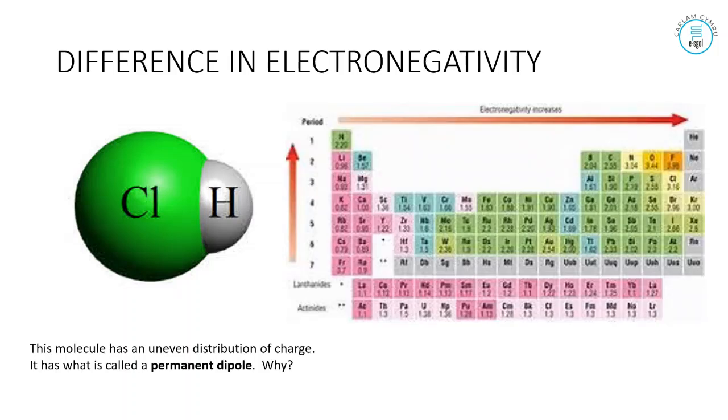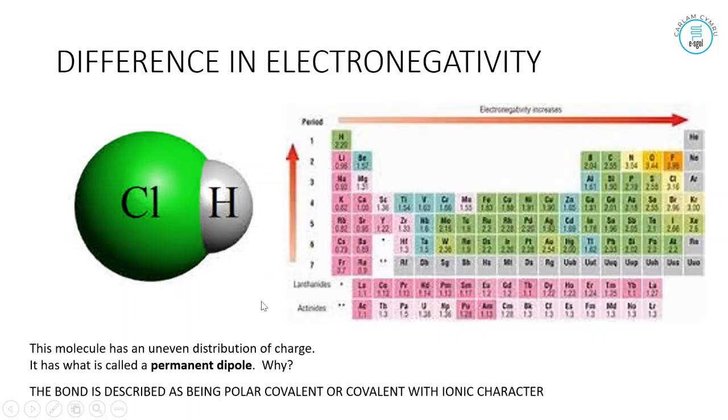But we'll just have a look at our patterns, which I did mention to you we were going to look at. There's our electronegativity increasing up the groups and across the periods, with fluorine being the most electronegative element there. And we've got our chlorine here, so you can see it's on the far right. So in our covalent bond, where the electrons are being shared, the electrons are being pulled more towards the chlorine than you'd expect.